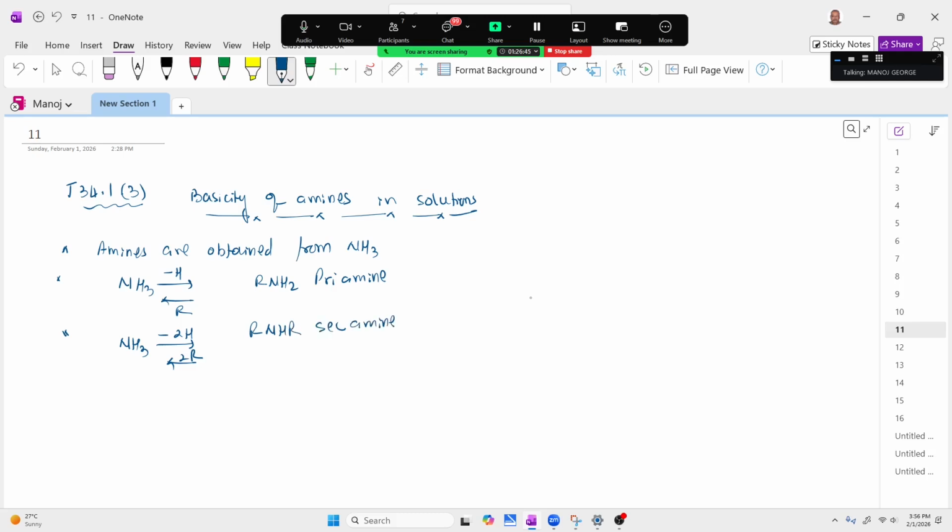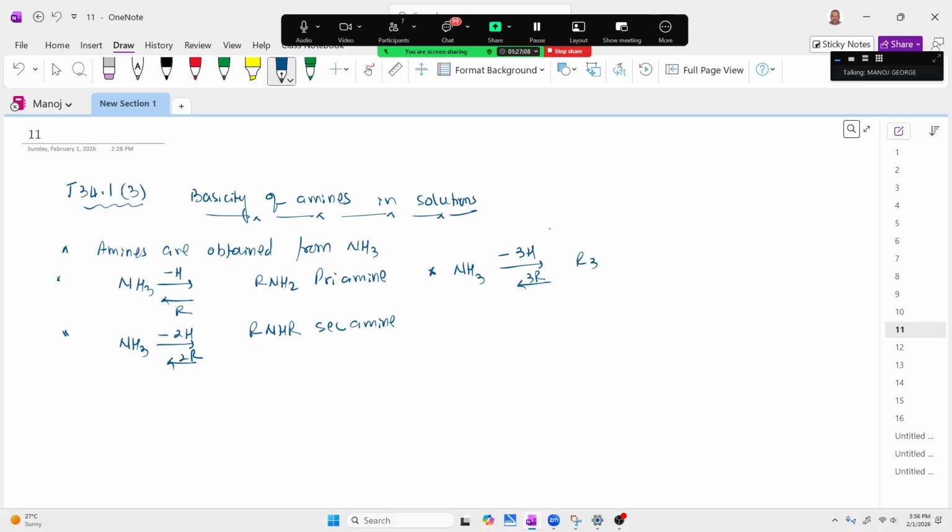Do you see what's happening? I hope you're seeing what's happening. So if I take ammonia and knock out all three hydrogens and replace them with three R groups, which could be the same or different, I end up getting a nitrogen connected with three same or different R's.